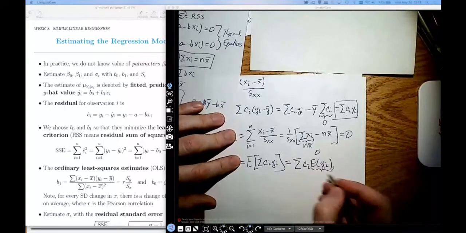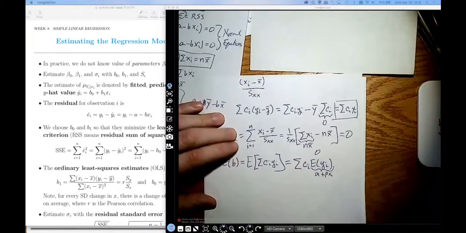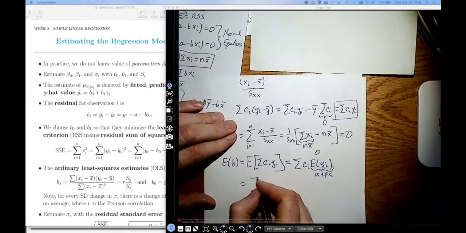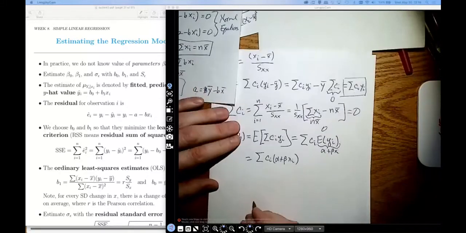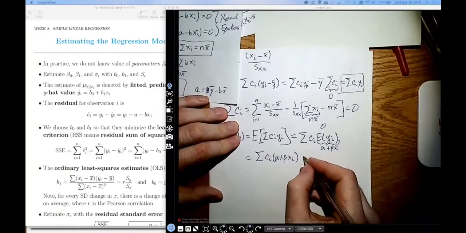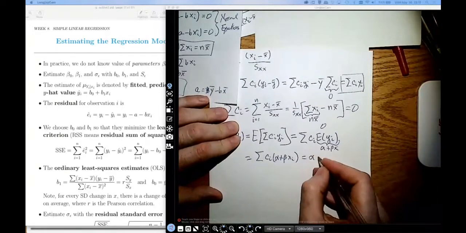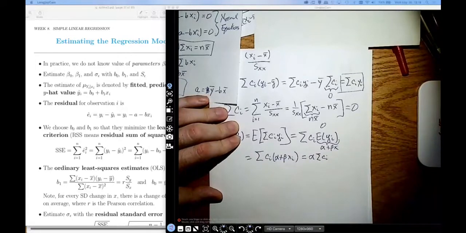So I'm going to go drop that in. Let me just refresh your memory. This is alpha plus beta x sub i. So we are left with the sum of Ci times alpha plus beta x sub i. And what I have here is alpha times the sum of Ci.